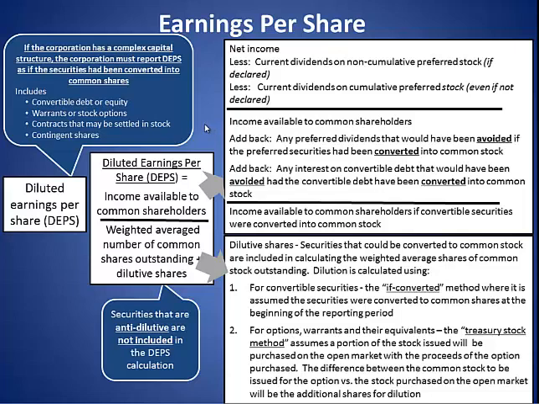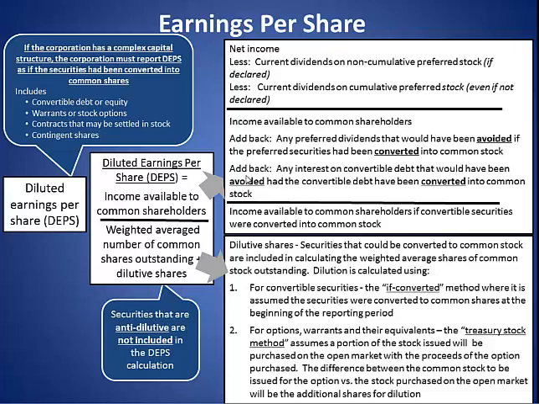So if that happens, we have to add back any preferred dividends that would have been avoided if the preferred securities had been converted into common stock, because we're not going to pay preferred dividends on preferred stock if that stock has been converted into common stock.